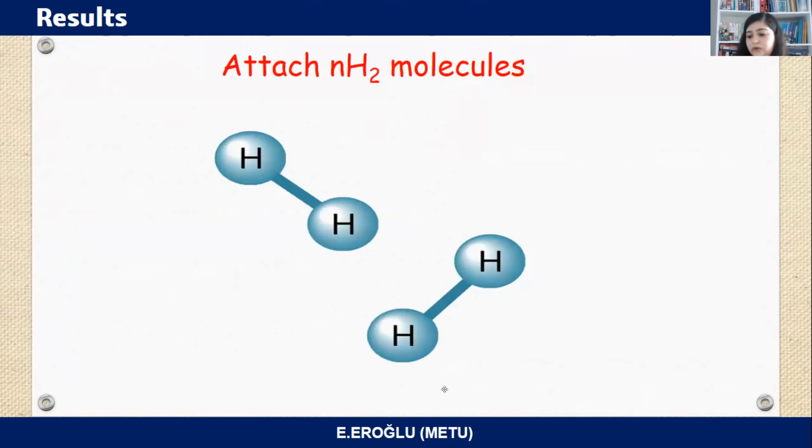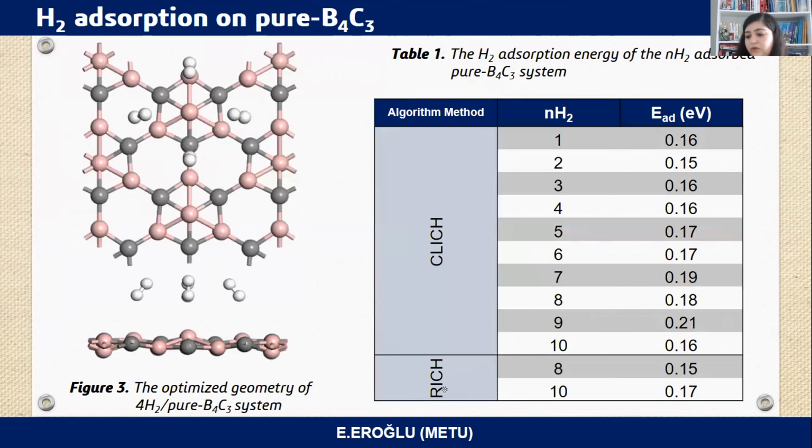And then, to research the hydrogen storage capacity of the pure boron carbide layer, we attach from 1 to 10 hydrogen molecules on the layer. Figure 3 shows the optimized geometry of 4 hydrogen molecules adsorbed on the pure boron carbide system. In table 1, you can see the hydrogen absorption energies of the systems from 1 to 10 hydrogen molecules for each algorithm.